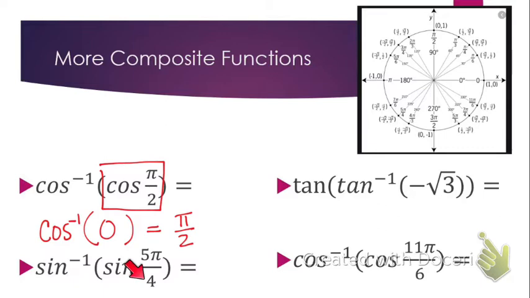So 5 pi over 4, let's start with 5 pi over 4. What is the sine? Look at your unit circle and tell me the sine of 5 pi over 4. I'm actually going to rewrite this question a little higher.